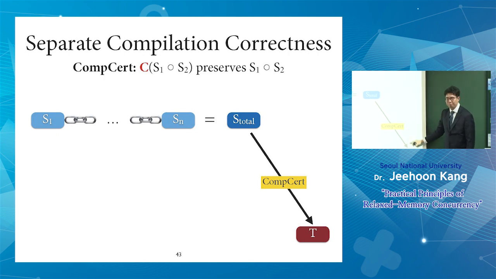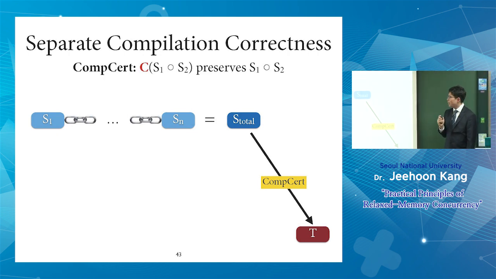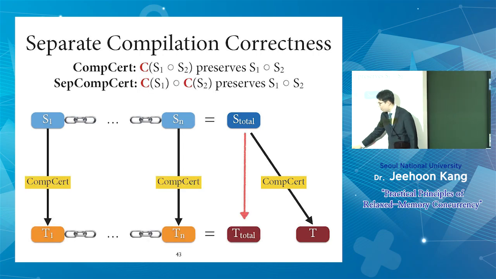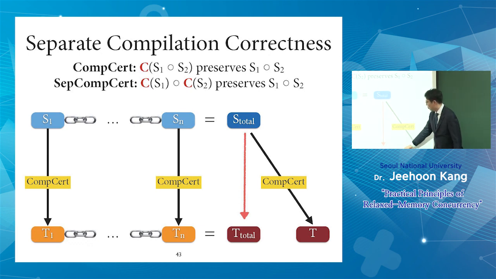It's already verified. Now, in separate compilation, these modules are separately compiled and then linked together to generate an executable. What we need to verify is that this T total is preserving the semantics of this S total.